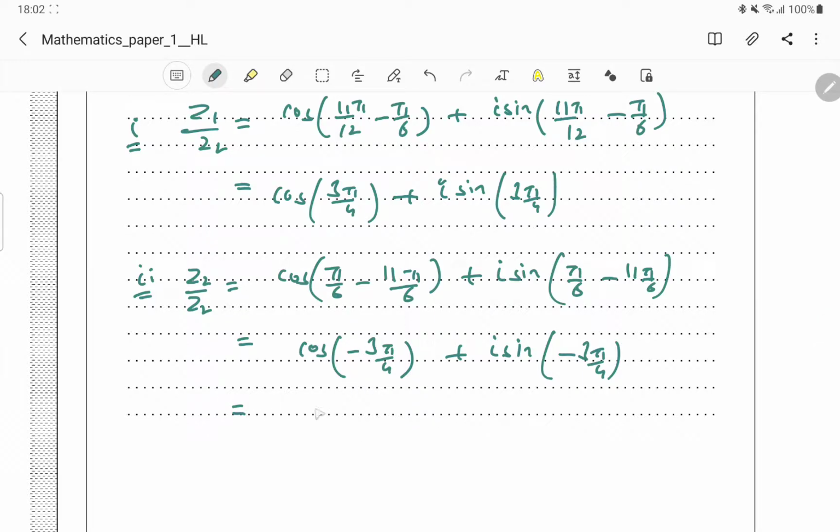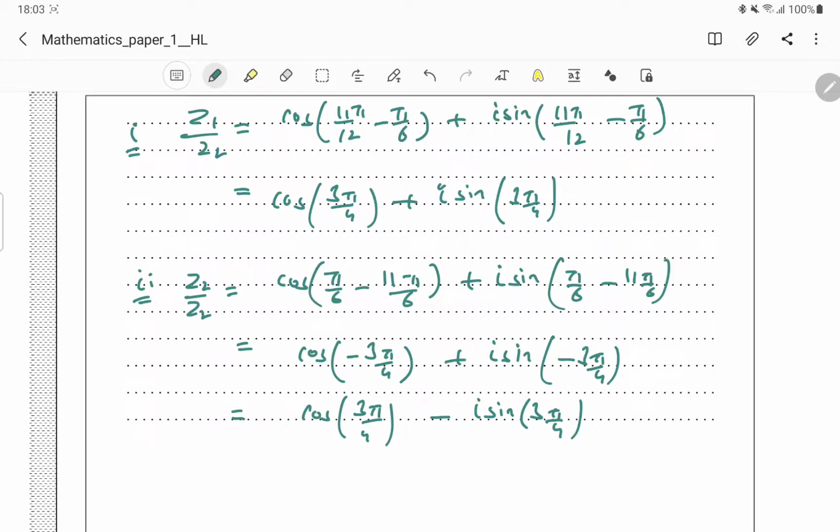So it will be cos 3 pi by 4 only, and minus i sin 3 pi by 4.